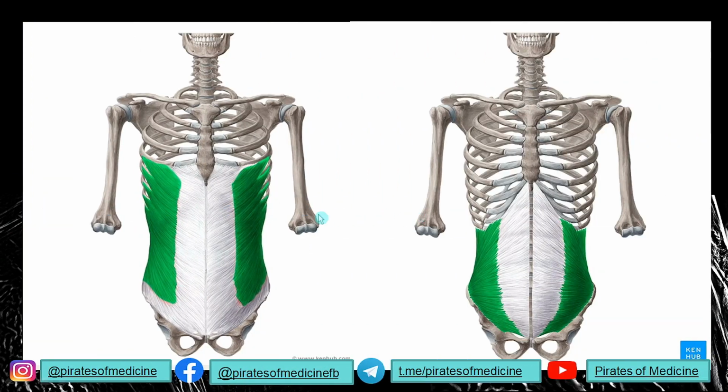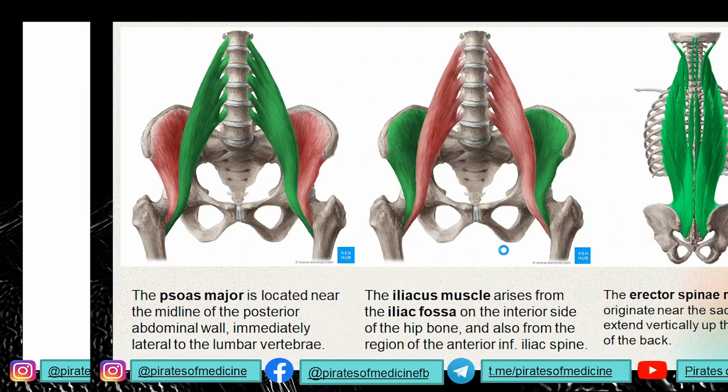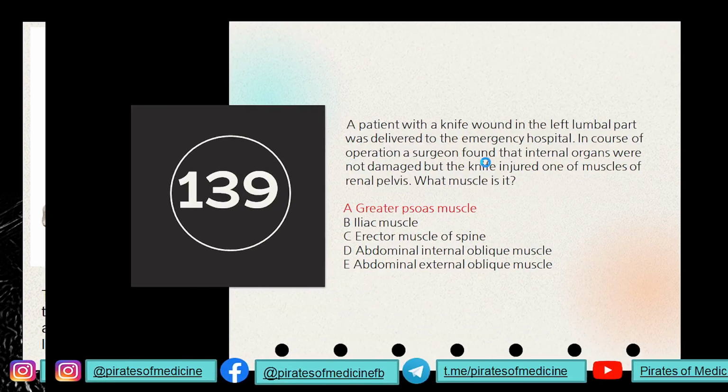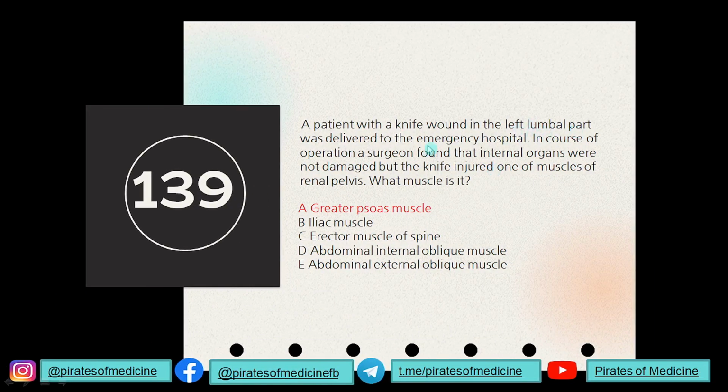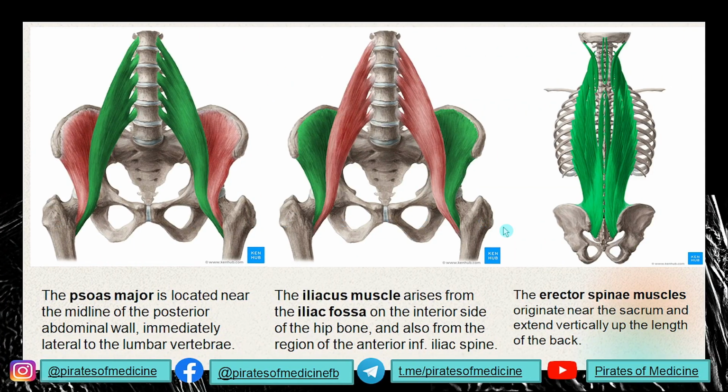Then we have the external and internal oblique, which you can see are located in the anterior wall of the abdomen and have nothing to do with the lumbar region. So a person who has a penetrating wound on the left lumbar part must have an injury of the psoas major muscle. So that is why the answer is the psoas major muscle.